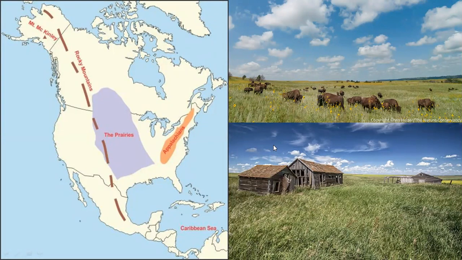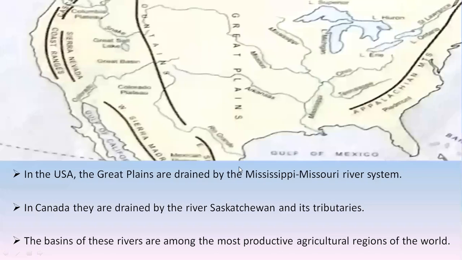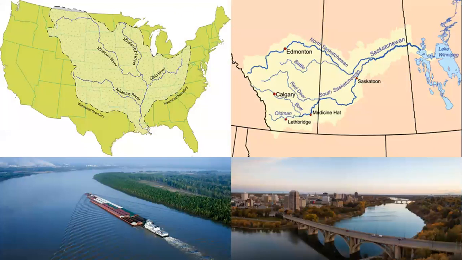We found that the basins are fertile, one of the world's largest agricultural production areas, and which river systems drain the Great Plains.